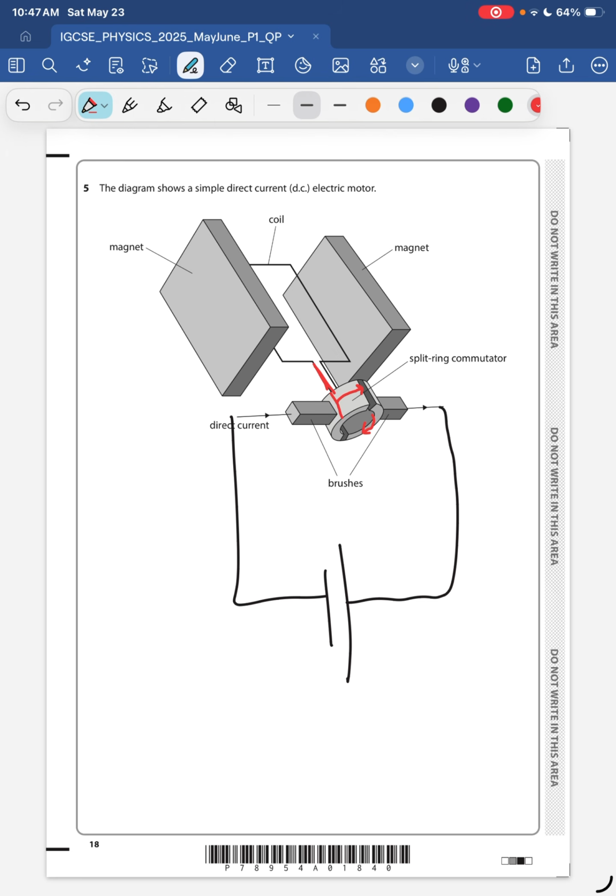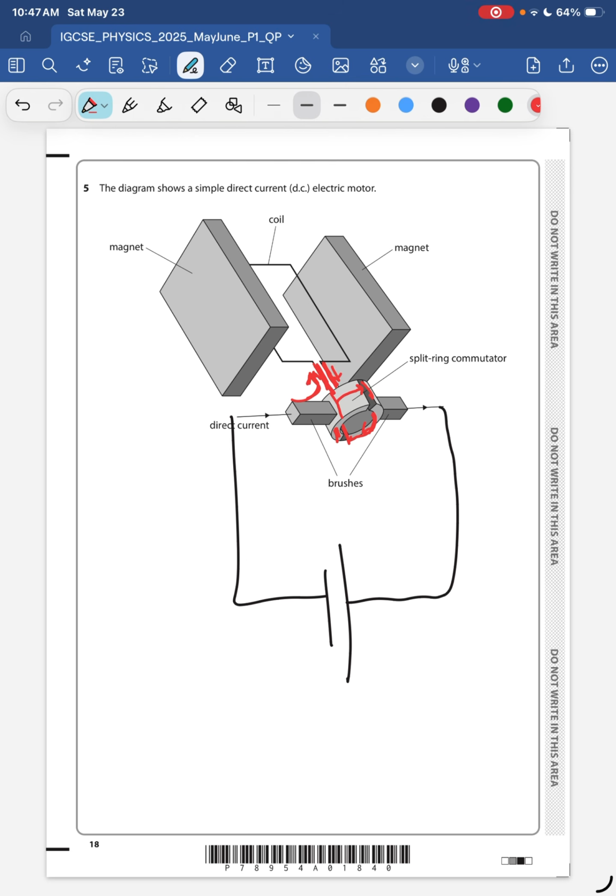Once this side of the coil has spun all the way to this gap and made it to the other side, the current on this side, which came in this direction, now reverses direction. Whatever the function of this wire was is now the function of the other wire. At the same time, this wire keeps spinning down, makes it through the gap, and makes it to the other side. When it comes to the other side, the current enters from this side.